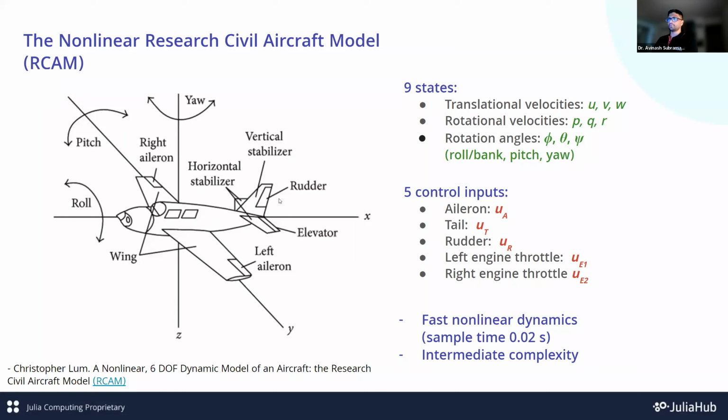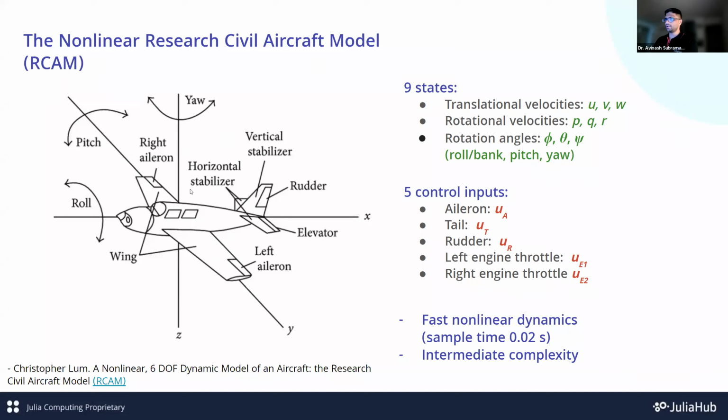control inputs. So the 9 states are the 3 translational velocities. That is velocity along the x-axis, along the y-axis, and along the z-axis. The 3 rotational velocities, so that is the rotational velocity about the x-axis, the rotational velocity about the y-axis over here, and then the rotational velocity about the z-axis.